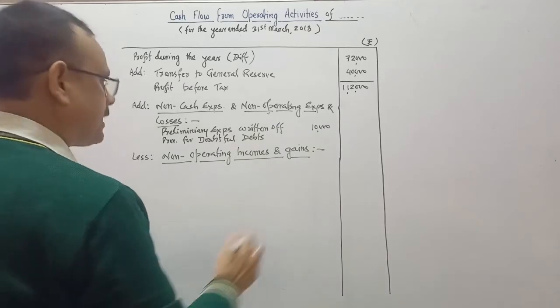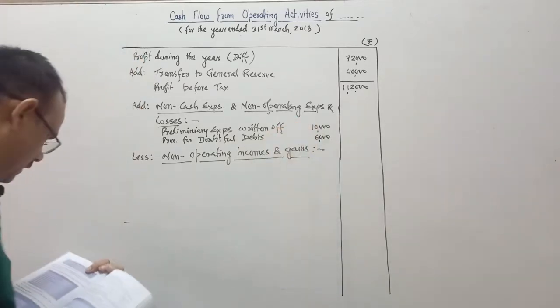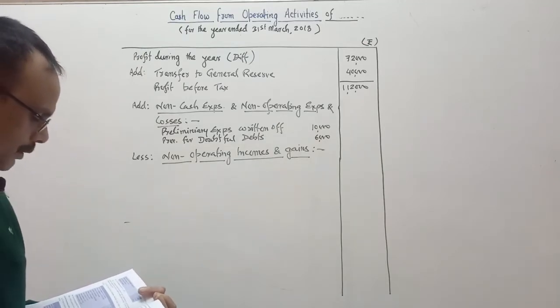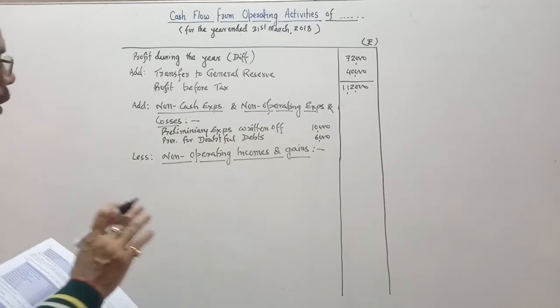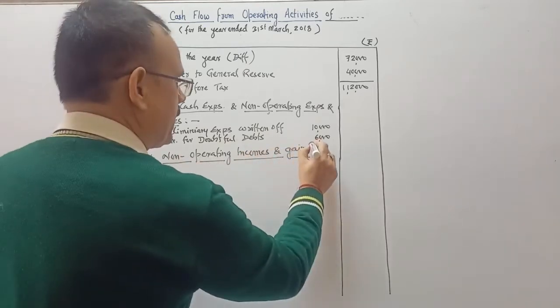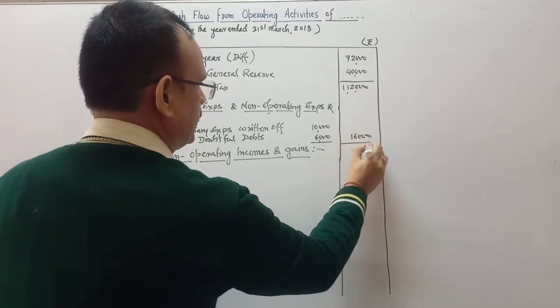How much have we transferred to the provision for doubtful debts? 6,000. There are no non-operating incomes and gains. So we will add 16,000 to it.